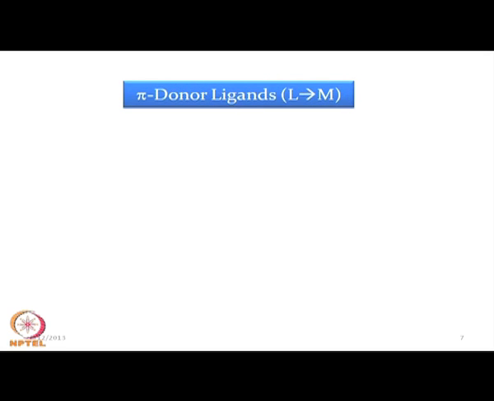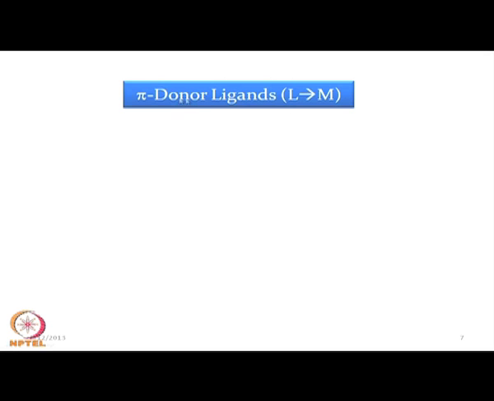So, what about the other type, the corresponding pi donor ligands? The carbon monoxide molecule is the ligand system which can accept the electron density from the metal. So, it is behaving as a pi acceptor ligand.